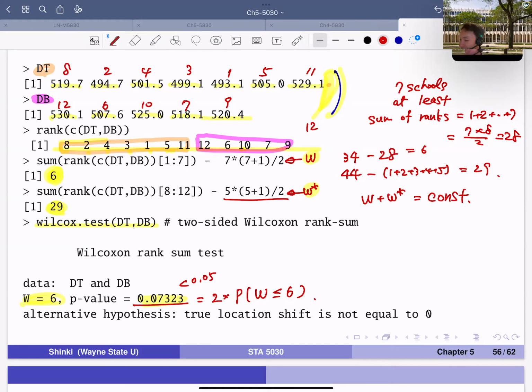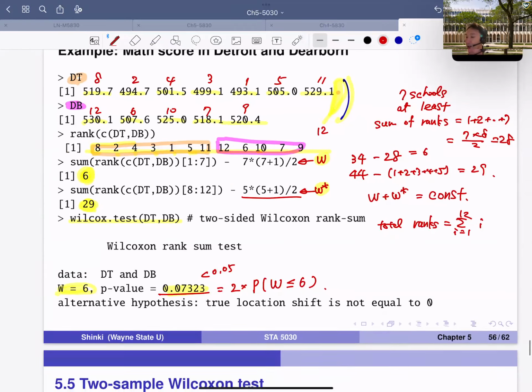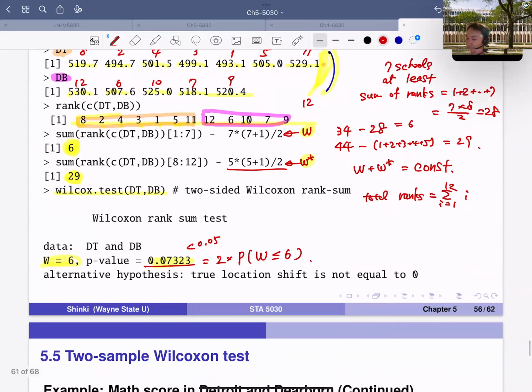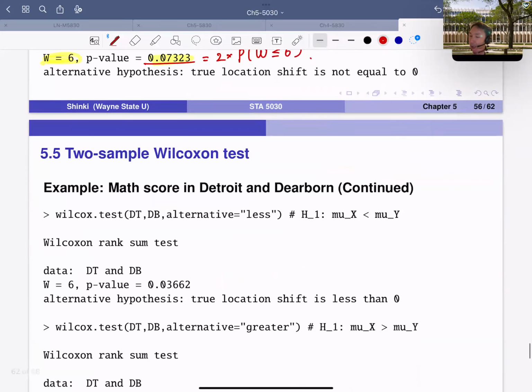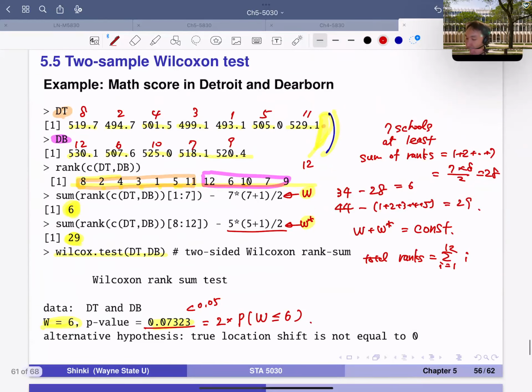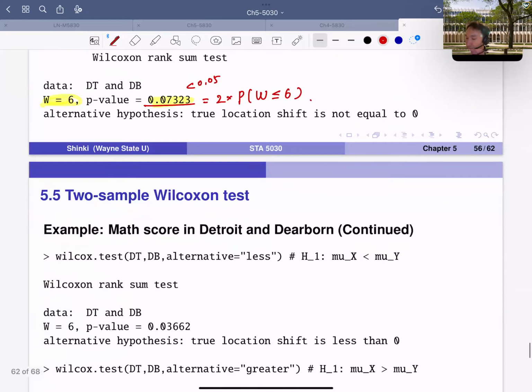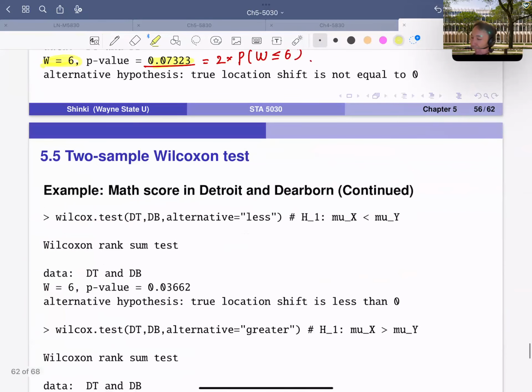So the sum of all ranks is equal to the summation of 1 to 12. Okay, so it's constant. So usually R only reports the statistic W. And this is the two-sided Wilcoxon rank sum test result. But if we want the one-sided, we can specify the alternative in this way.